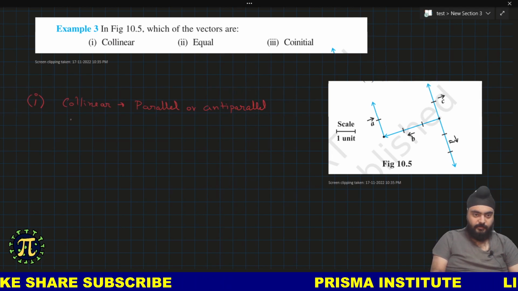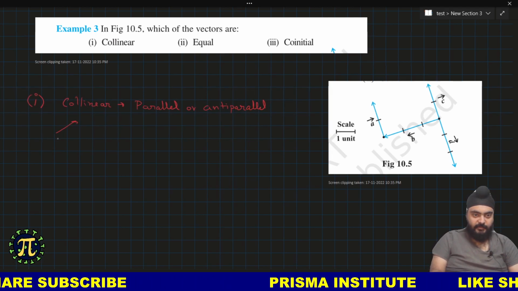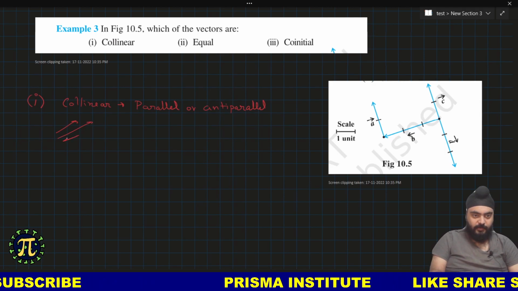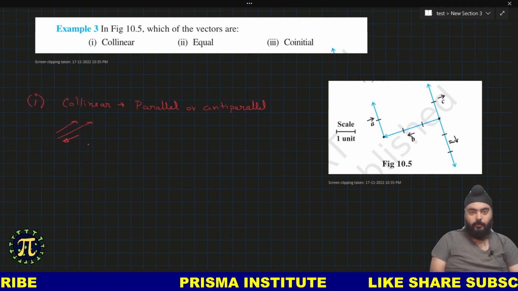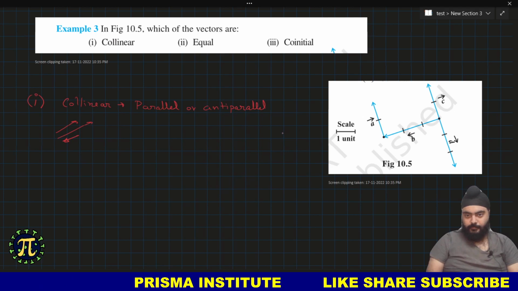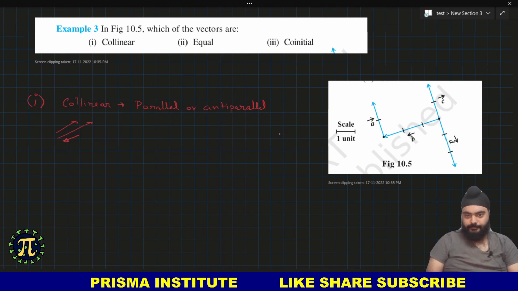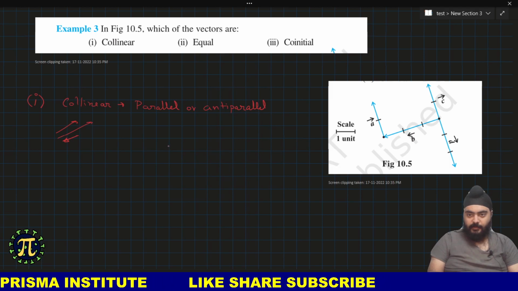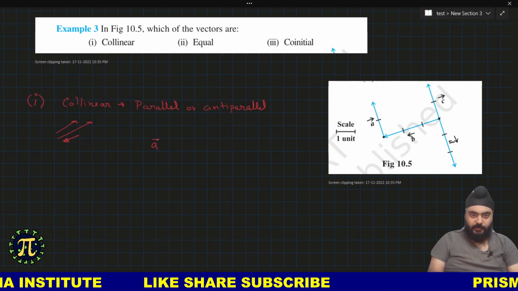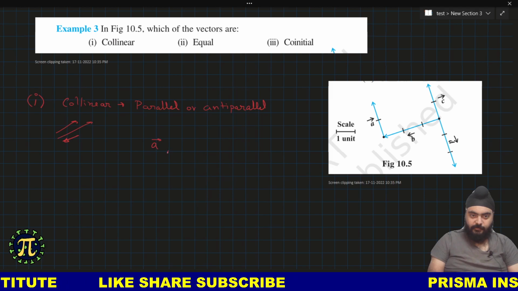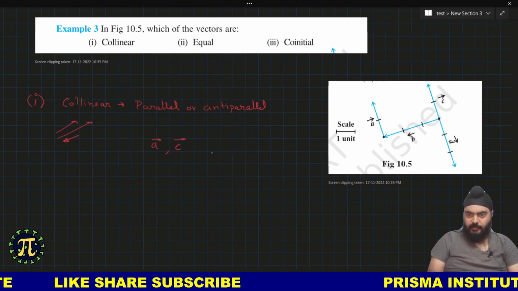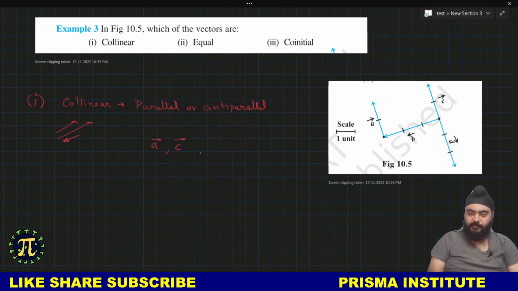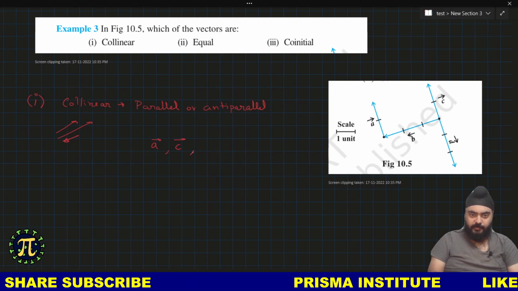If you look into the diagram, A vector is parallel to C vector, and C vector is anti-parallel to D vector, and A vector is also anti-parallel to D vector.